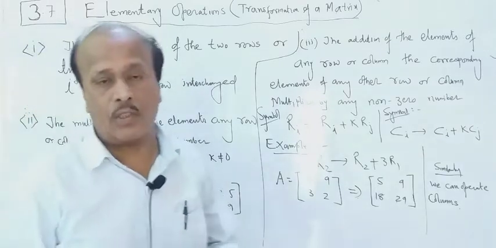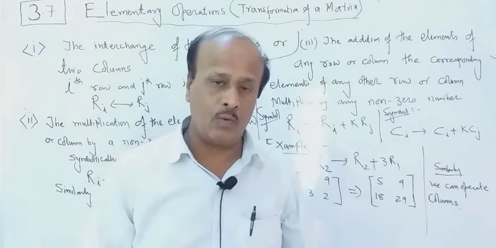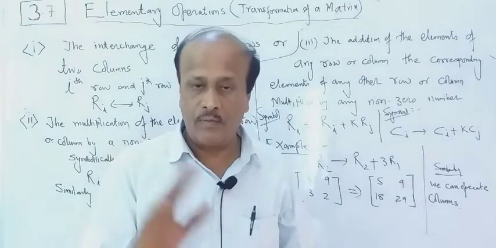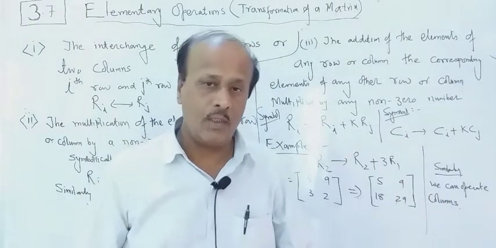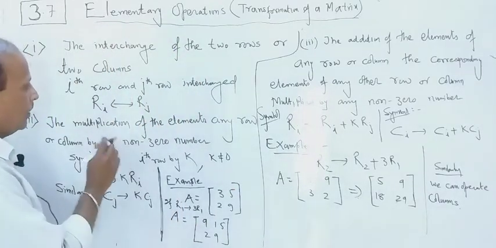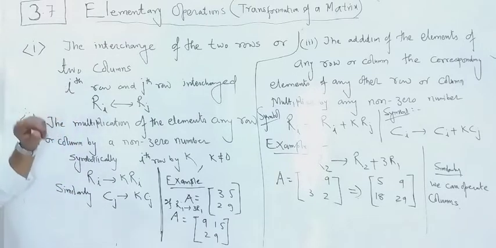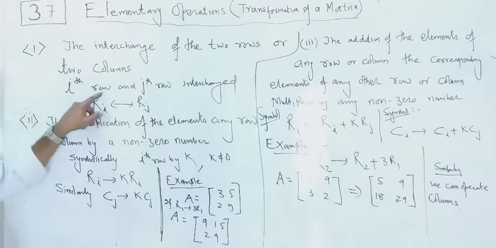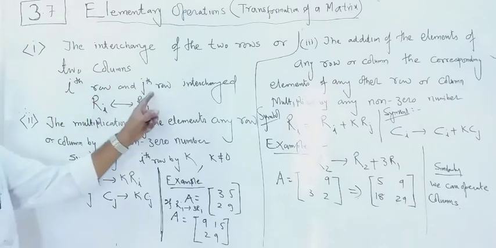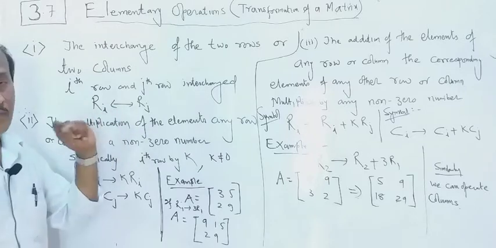Suppose in any question you want to interchange 2 rows, row 1 with row 2 or row 1 with row 3, or column 1 with column 2, you can do it, but then you will have to mention it. For example, there are symbols given in your book. One of the symbols is, suppose you are interchanging the ith row, ith meaning any row number, with the jth row, then how are you going to write it? This symbol is very important.